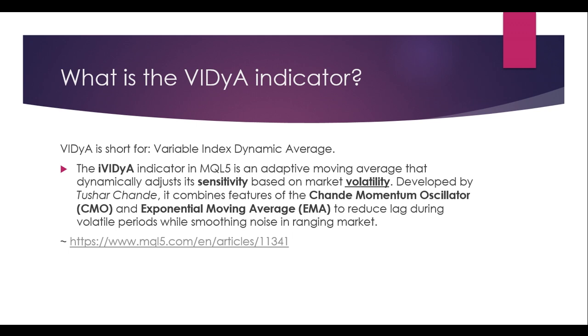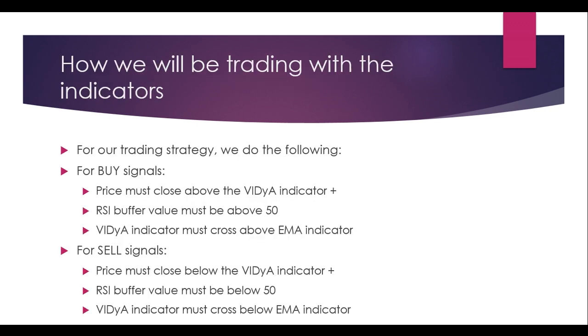Now we will be looking at the combination of these two indicators. We're going to use these two along with the RSI, just to filter out false signals. So we'll look at the crossover: price must close above the VIDyA indicator for a buy signal, and if price closes below, that will be for sell signals.